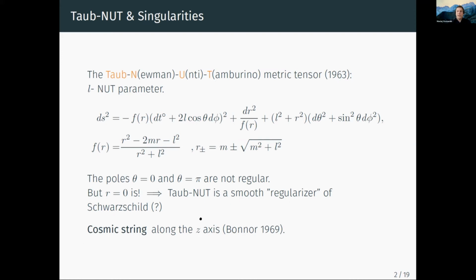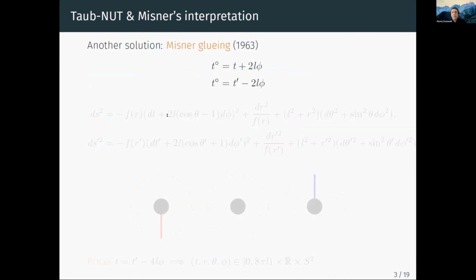introducing some cosmic string along the z-axis, the axis of symmetry, by Bonner, and his observation was that this term, this additional one-form with d phi, produces a cross term with time, and it can be interpreted as a rotation. So it would be a source of an angular momentum.